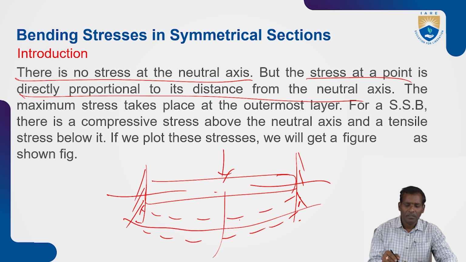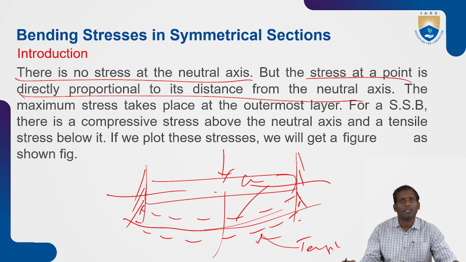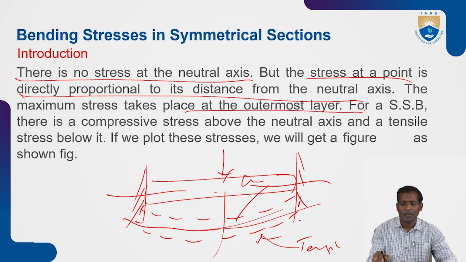It means the topmost layer undergoes compression and the bottom undergoes tension, and there is no stress at the neutral axis. So the maximum stress takes place at the outermost layer. For a symmetrical section beam, there is compressive stress above the neutral axis and tensile stress below it.